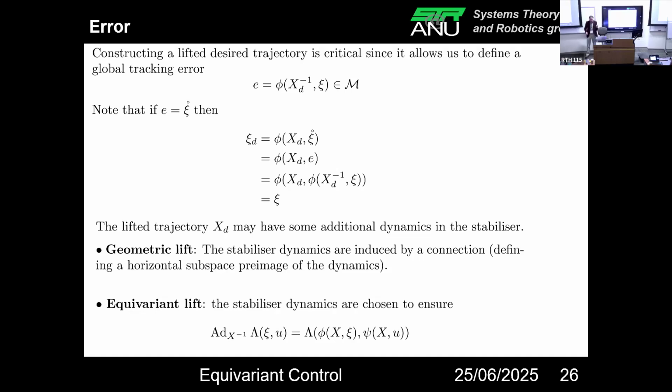So even though psi d, xd, the big trajectory, has additional degrees of freedom in it that are doing weird stuff in the stabilizer, if the error goes to the desired point, then your trajectory is going to be correct. So the fact we've got extra degrees of freedom in the desired trajectory doesn't affect the underlying tracking control.